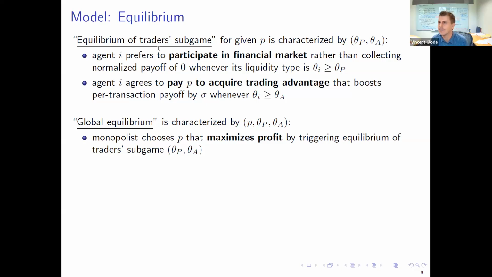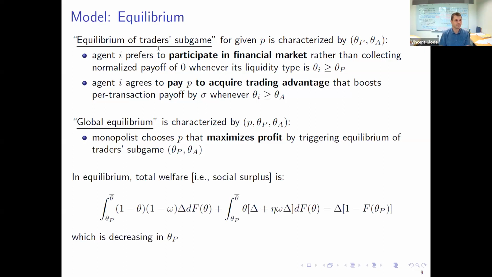Other questions? Okay, thank you. So in equilibrium, the total welfare will be very simple. It will be equal to theta, the benefit of an agent participating, times the mass of traders who find it optimal to participate.